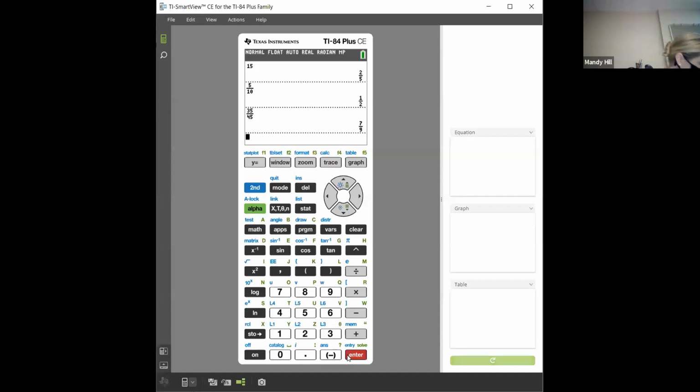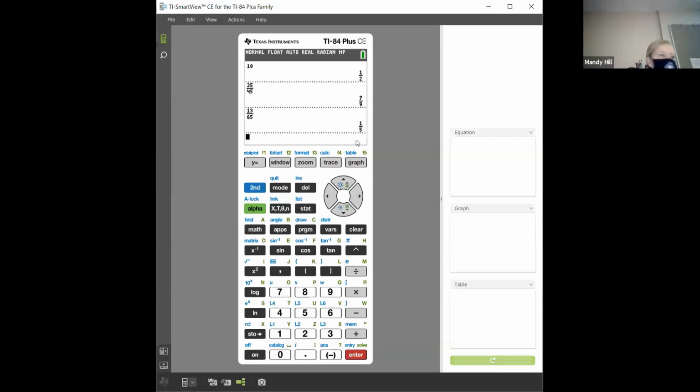And then the last one is 13/65, which would be more difficult to figure out, what goes into 13 that also goes into 65. So the calculator just helps you. I typed in 13/65, and I got 1/5 for that one.